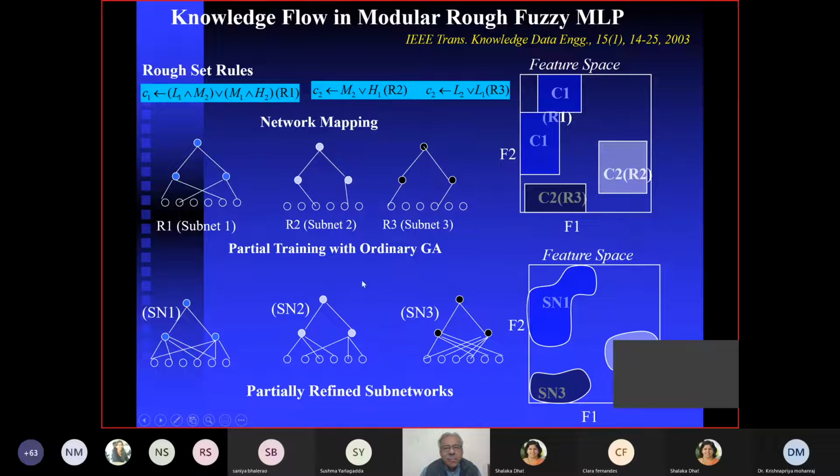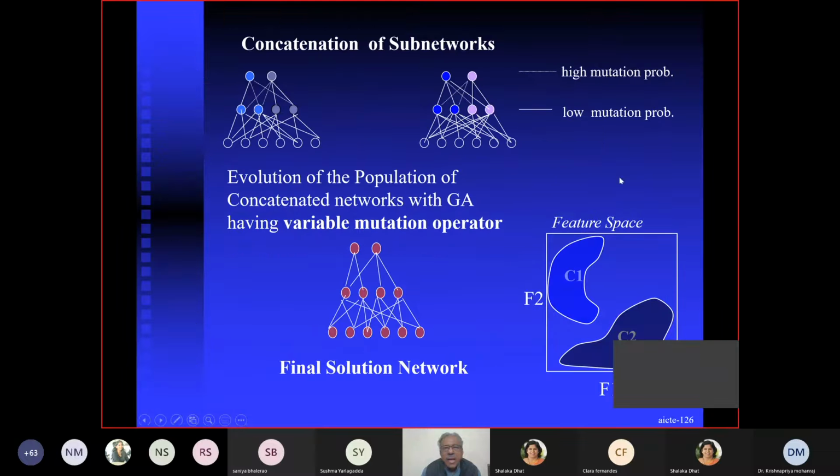After partial training with genetic algorithm, these shapes get changed. And then after final training of the concatenation network with high mutation probability, dot, dot, dot, low mutation probability, we get a variable mutation evolution of the ultimate network, the final solution network. We get this feature space.